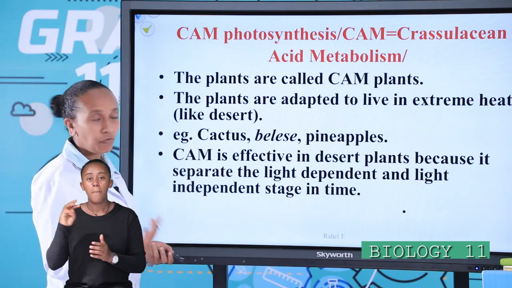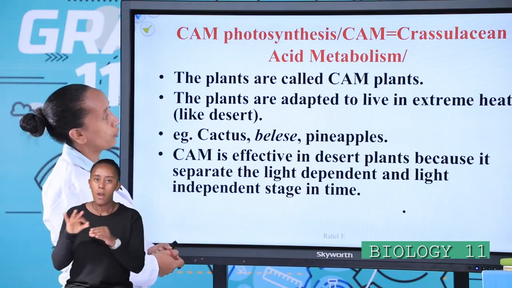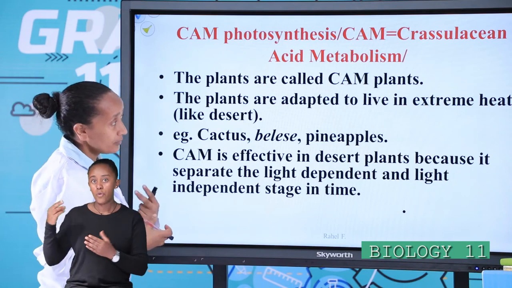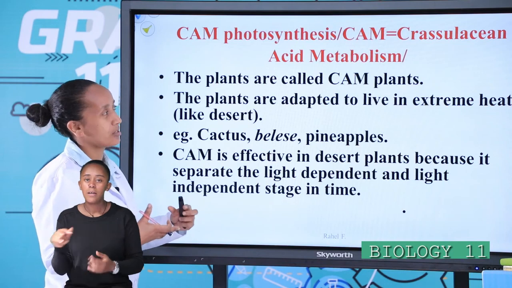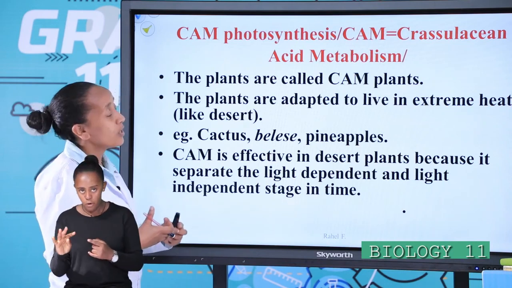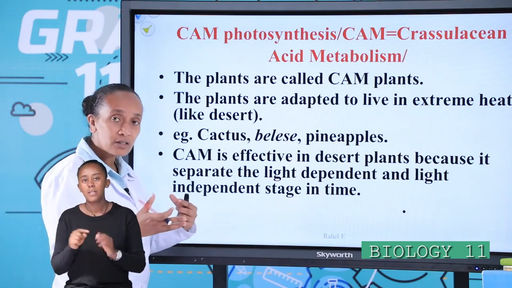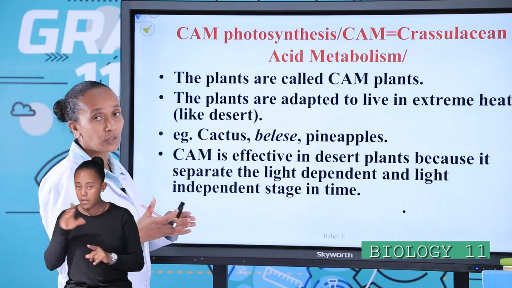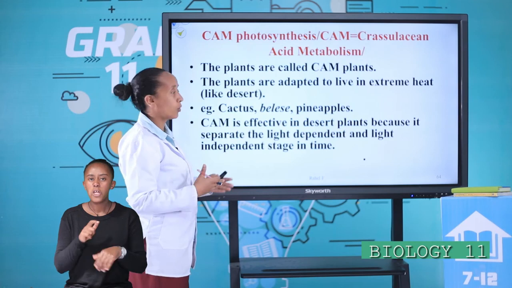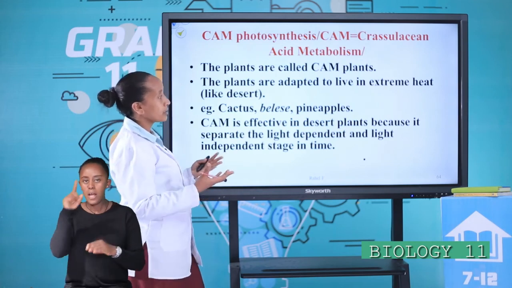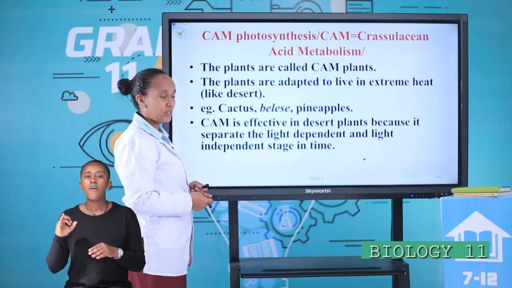Crassulacean is the name for some group of plants that undergo this type of photosynthesis, and CAM photosynthesis is similar to some extent to C4 photosynthesis, but what we can see here is that instead of a spatial difference in the Calvin cycle and carbon dioxide fixation, this type of plant undergoes a temporal difference, or they undergo the Calvin cycle and carbon dioxide fixation at different times of the day.